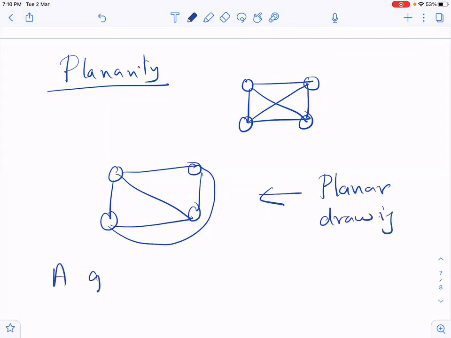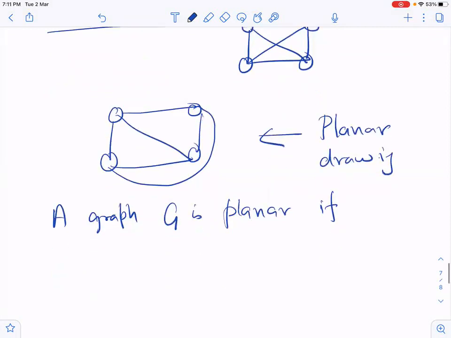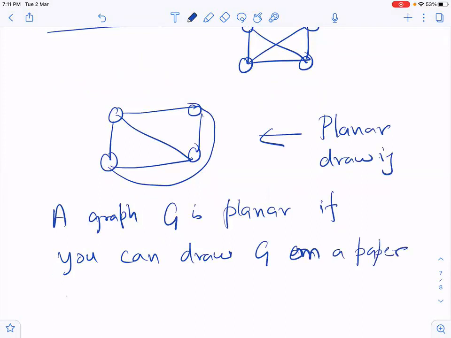So a graph G is planar if you can draw G on a paper without any edges crossing. That is called planar.